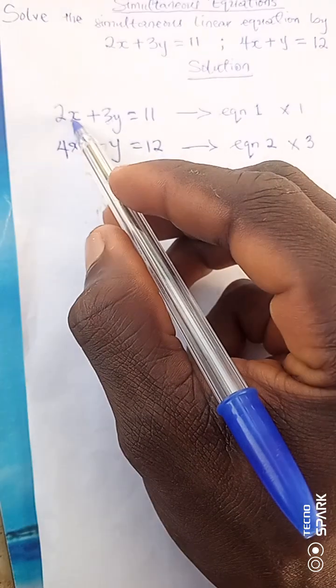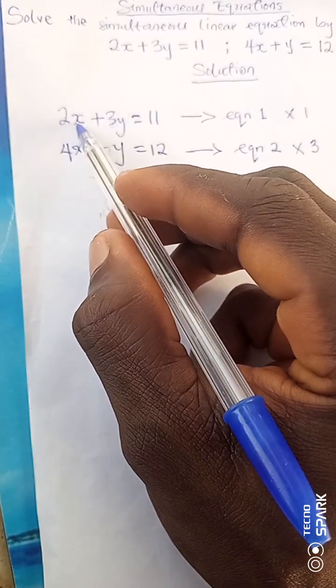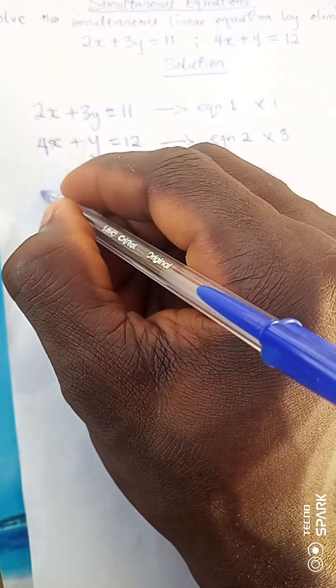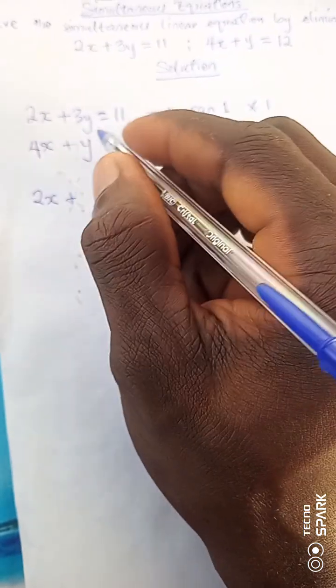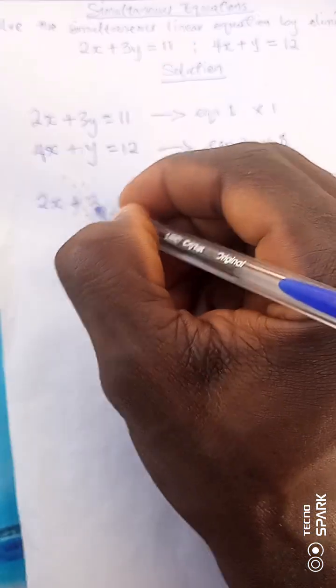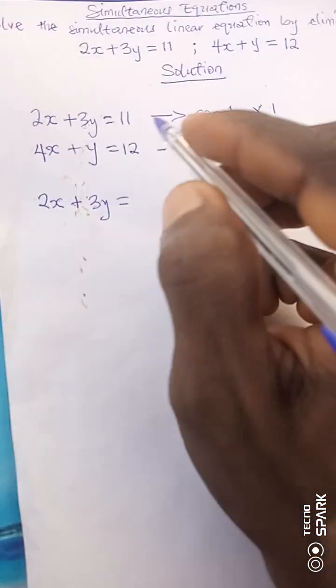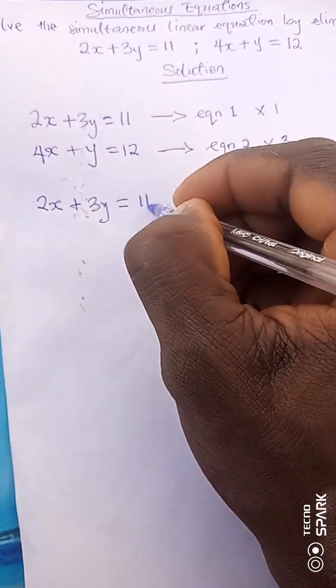So let's multiply 2x times 1. Remember, we're multiplying everything here by 1. So 2x times 1 is still 2x, plus 3y times 1 is still 3y, is equal to 11 times 1 is still 11.